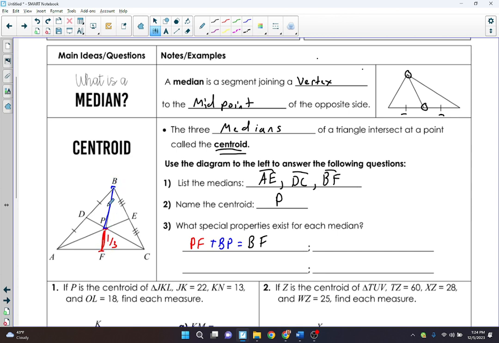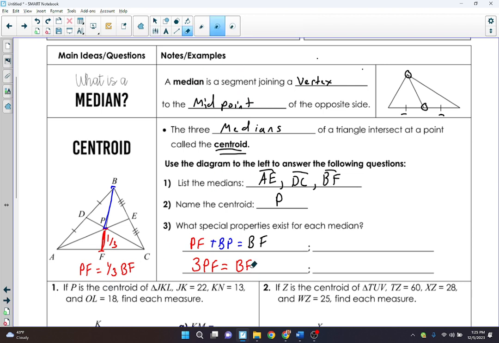So PF is 1/3 of BF. If PF is 1/3 of BF, the whole line, then I can rewrite that as saying 3 PFs, so 3 times this one, equals 1 BF, which is the whole line.